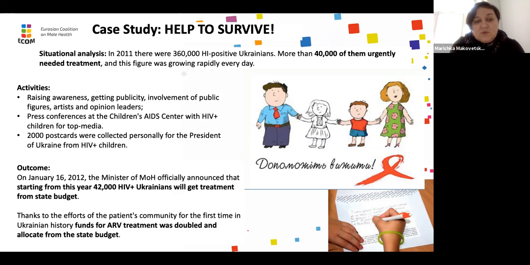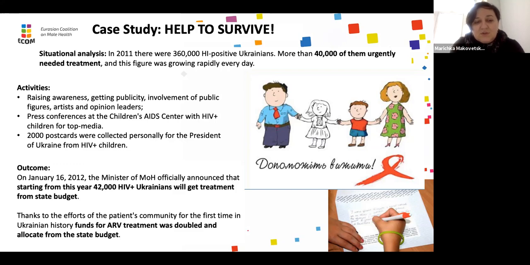So the idea was to write letters from HIV positive children and hold a press conference in the AIDS Center for Children with the top media channels, and that was very successful. The president got more than 2,000 postcards and letters from children, and everything was documented. It was such high awareness and such a big political issue at that time that he made a difference.